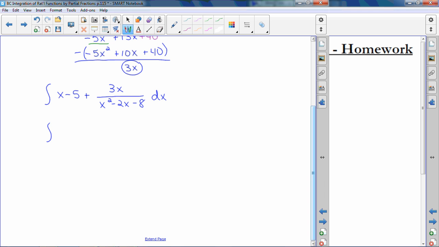So I'm going to leave them out front here, and I'm going to go ahead and factor x squared minus 2x minus 8. We get x and x, factors of 8 that give me 2 are going to be 4 and 2. The negative goes with the 4, the positive with the 2. Okay, so now we get our zeros here as x equals 4 and -2.